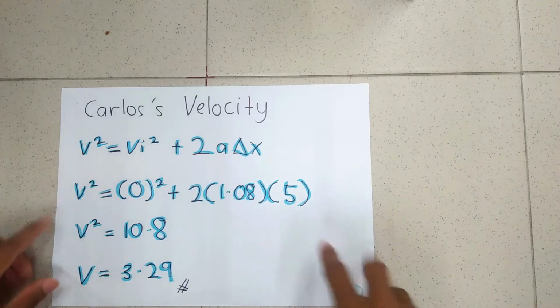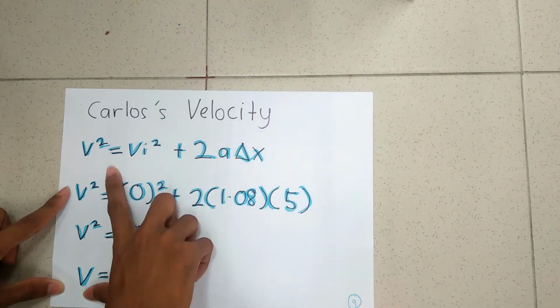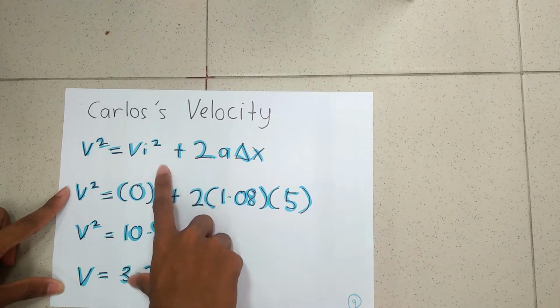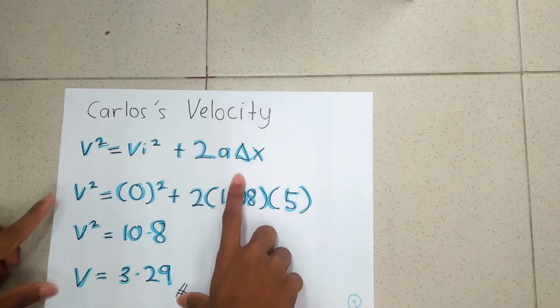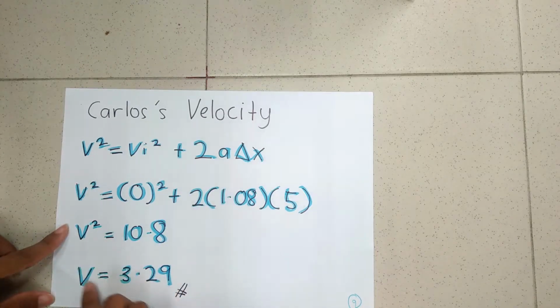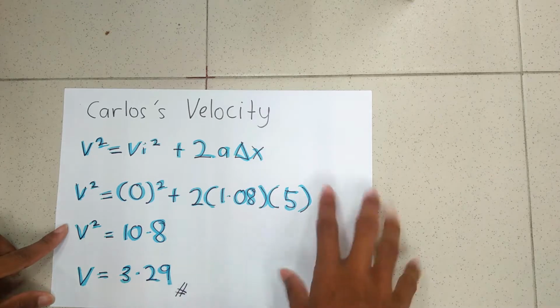Next, we have to find Carlos' velocity. We use v squared equal to v naught squared plus 2a delta x. So we will get the velocity at 5 meters from the starting point, 3.29 meter per second.